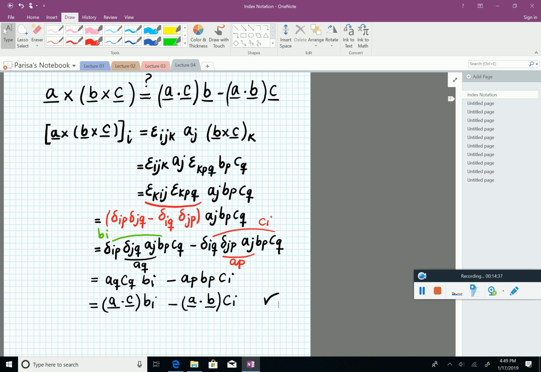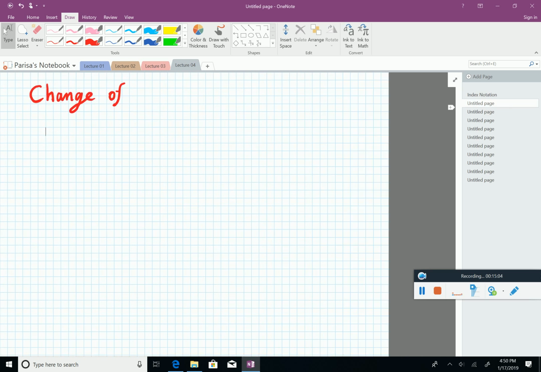This wasn't a question of writing this in index notation. It was a question of whether this side is equal to the other side. So I think this is more convincing than leaving it there. Yeah. So, any other questions, concerns, and worries about this derivation? No, I'm encouraged to see that you worry about these things.